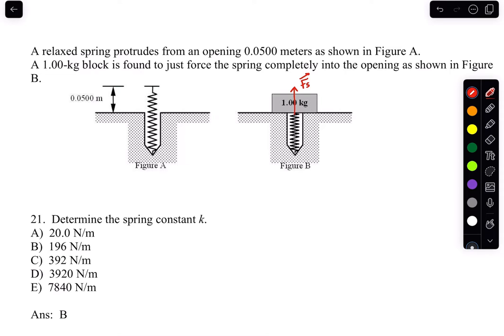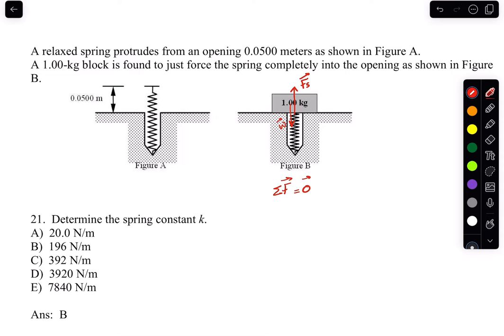And this force will be acting on this block in addition to the weight of the block itself. So we can use actually Newton's first law acting on the block in order to solve for the spring constant. So on this block we have the spring force and the weight.